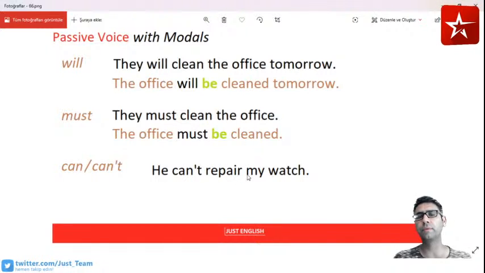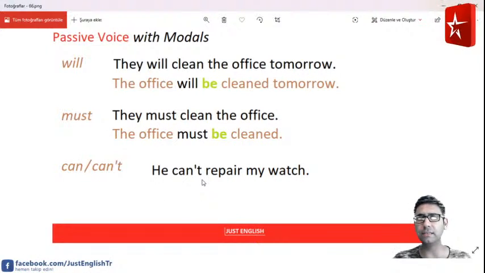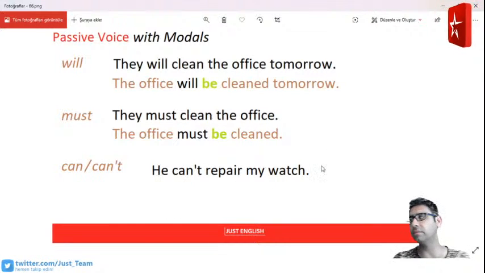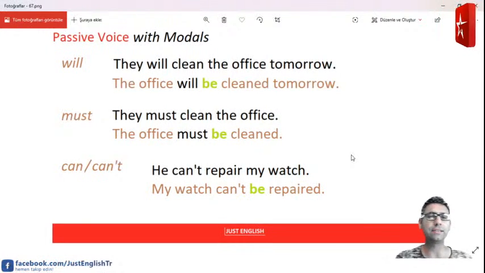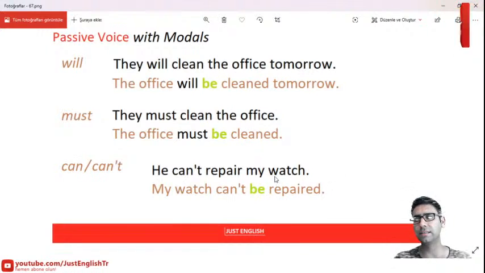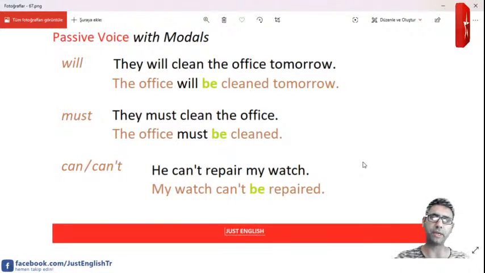Remember, we are going to use verb form 3, and this is the subject of my new sentence, my watch. So I have to start with my watch. My watch can't be repaired. Again, as you can see, repaired is past participle. My watch can't be repaired.